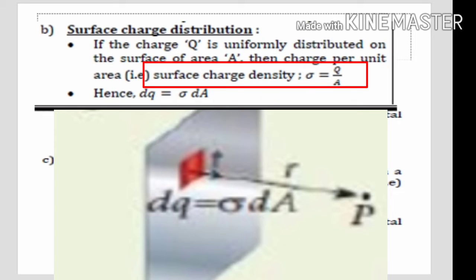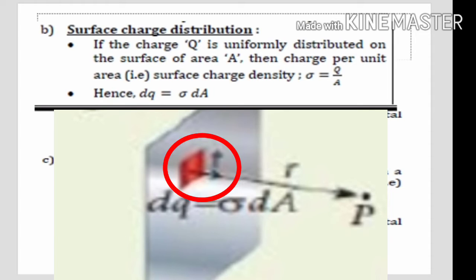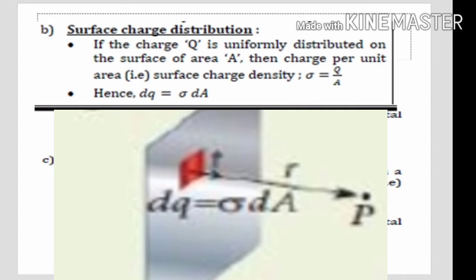So let us imagine the charged surface sheet is divided into n number of smaller areas like dA. In that case, what will be the surface charge density, which can be written as sigma is equal to dq by dA. From that equation, this equation arises: dq is equal to sigma into dA.